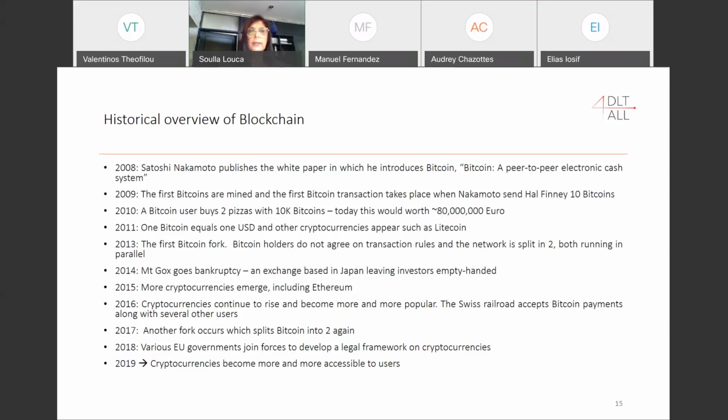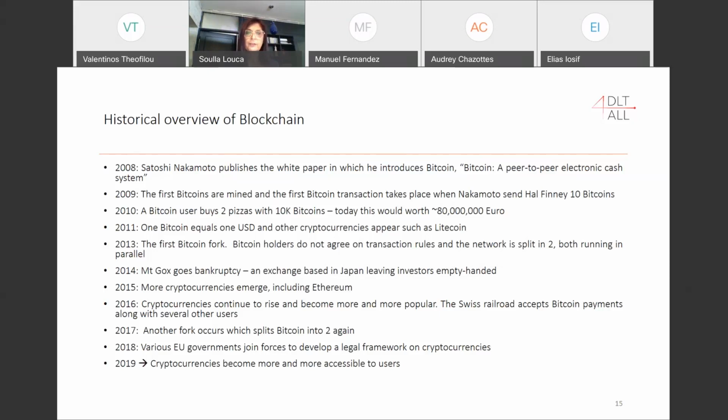As we already said, Bitcoin was introduced back in 2008 by Satoshi Nakamoto, even though nobody knows who this person actually is. It's a pseudonym. He published the white paper, Bitcoin: A Peer-to-Peer Electronic Cash System, in which he introduced Bitcoin.